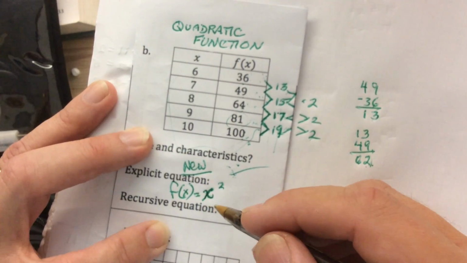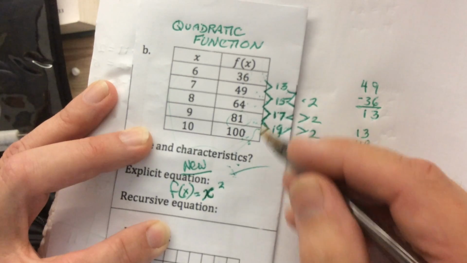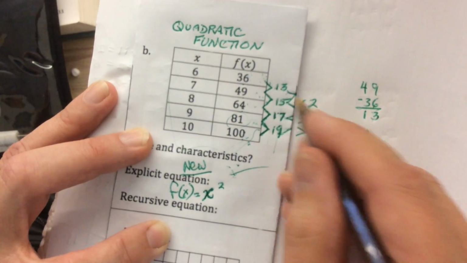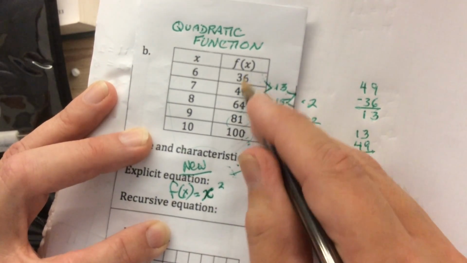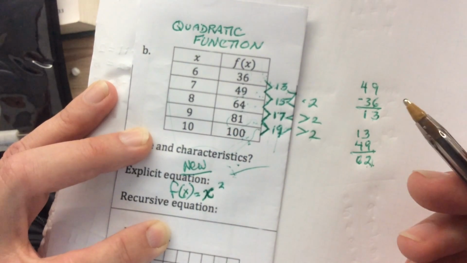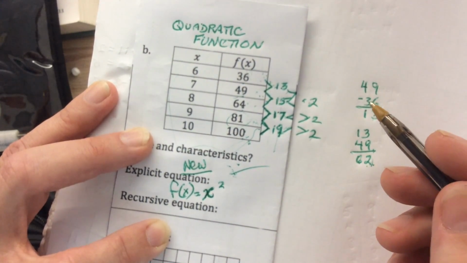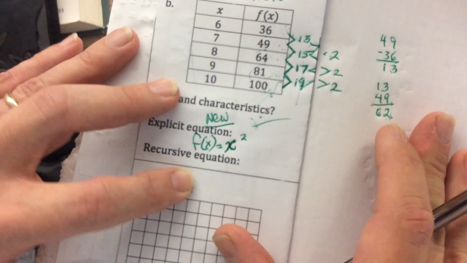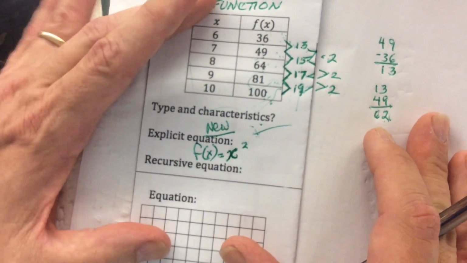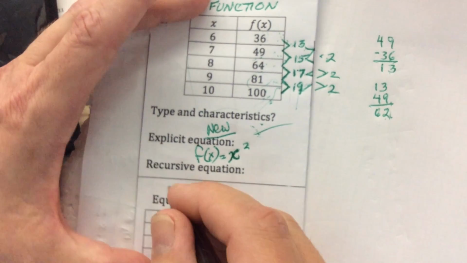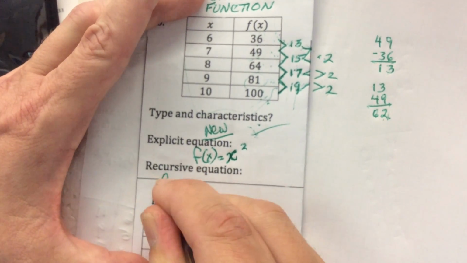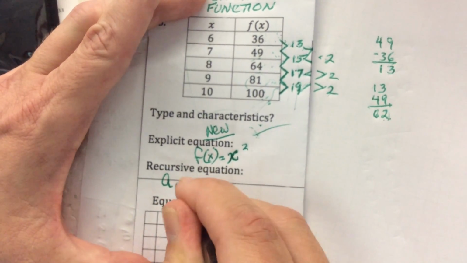The recursive equation is a little bit more difficult because there's like a two-step process here in order to figure out how to get from one to the next. But with a recursive function, all I have to do is have a starting point. So in this case, let's take A6 as my starting point.